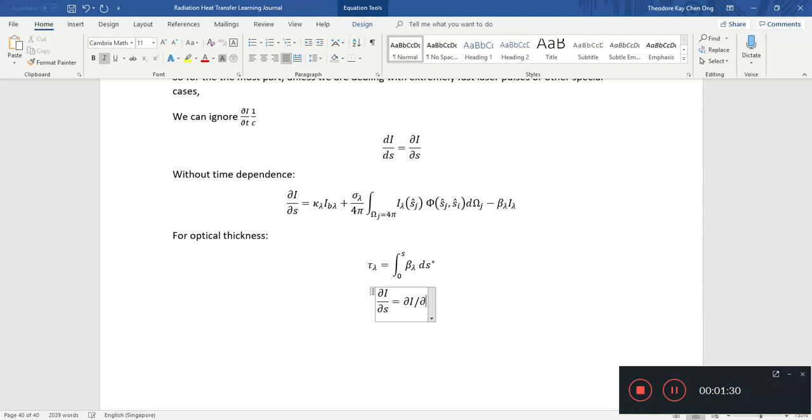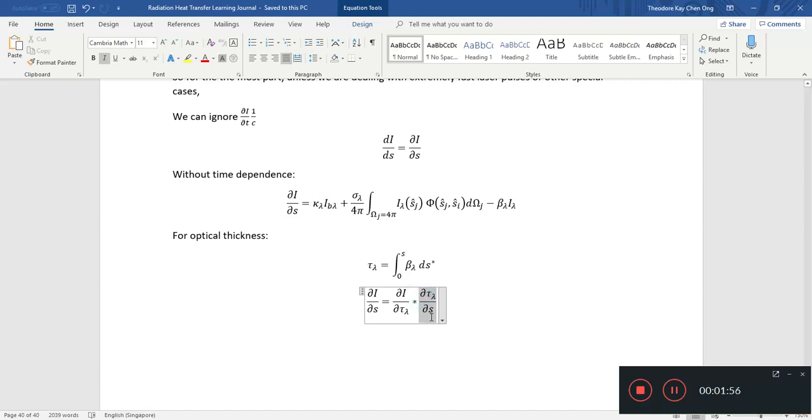So we want to use tau lambda as our final variable, right? Okay, so this is just a chain rule. I write it like so.